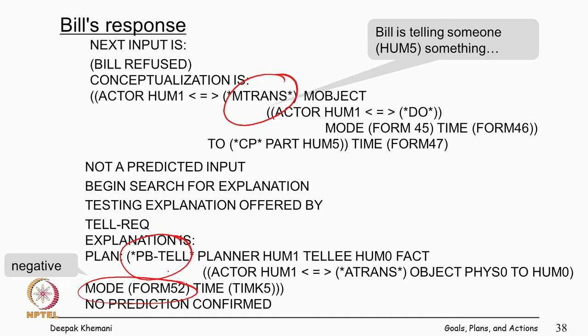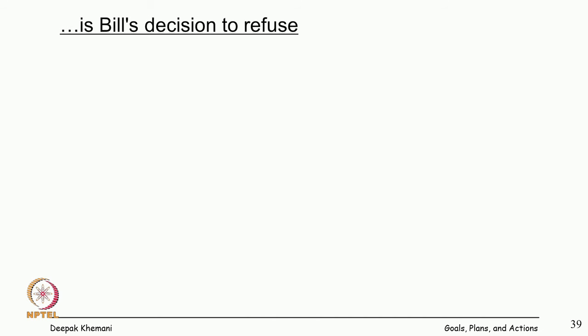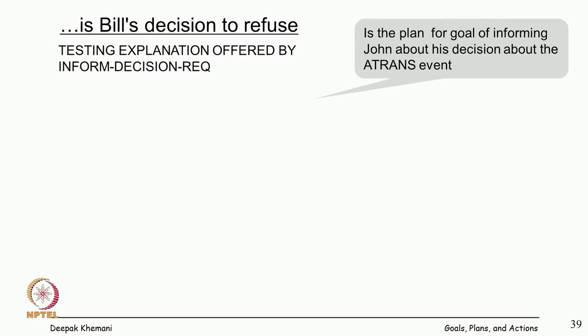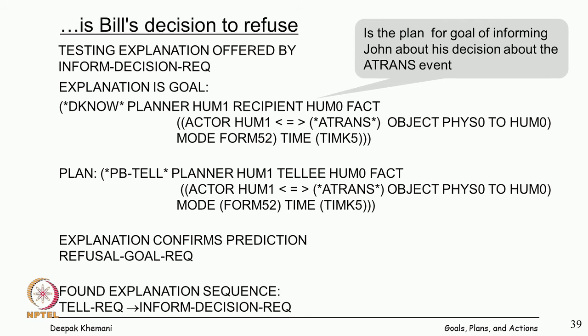So, this form 52 stands for negative, and he says that he will not give the bicycle, he will not A-trans the bicycle to John. So, his plan of saying that he will not give a bicycle to John was a plan for his goal of not giving the bicycle to John. So, that was Bill's decision to refuse.